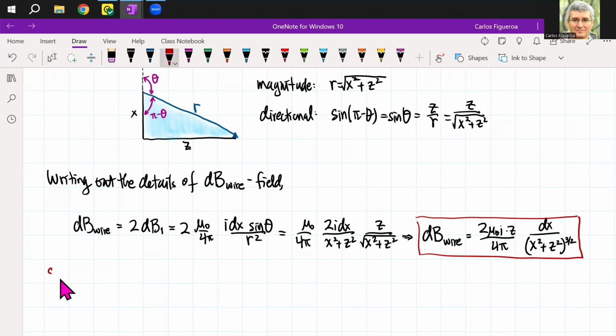So now we're on step 4. What we want to do is integrate all of the little dB fields.